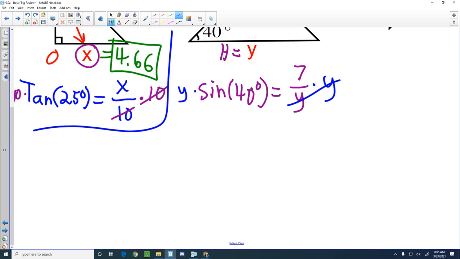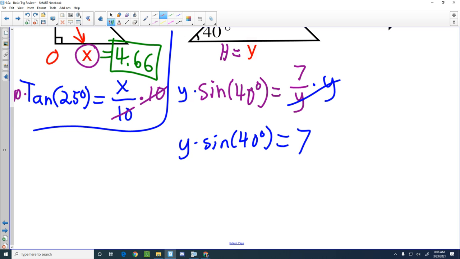So those cancel out. I now have y times the sine of 40 degrees equals 7. Now my objective is to get the variable by itself on one side. And on the left, the y is being multiplied by the sine of 40. So how can I get rid of the sine of 40 now?